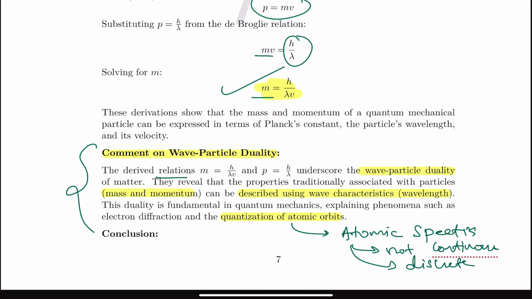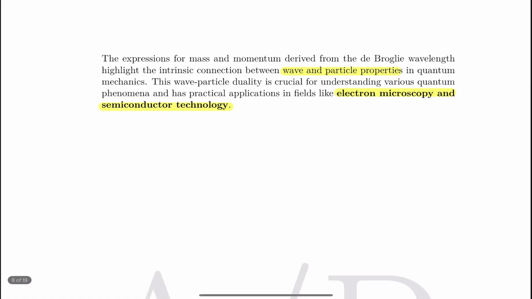That is the main observation which helps us to conclude that there is quantization of atomic orbits. So here we have the conclusion that the expressions for mass and momentum could be derived from the de Broglie wavelength, which highlights the intrinsic connection between wave and particle in quantum mechanics. This wave particle duality is crucial for understanding various quantum phenomena and has practical applications in fields like electron microscopy and semiconductor technology. That's it.